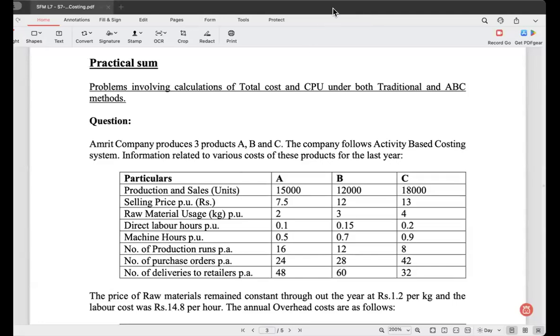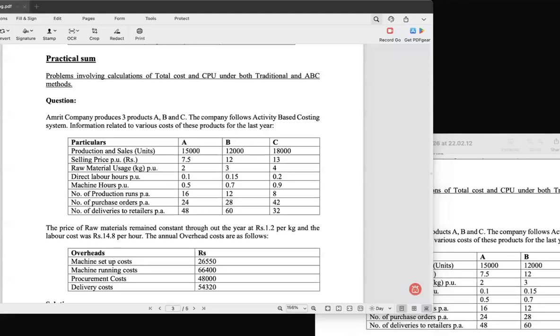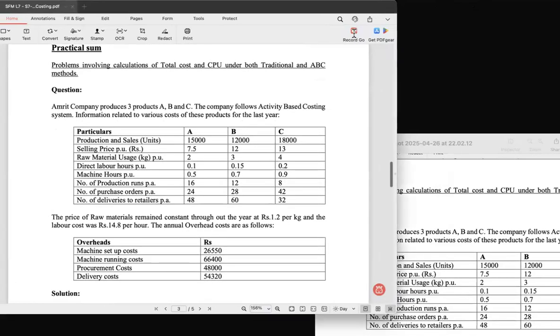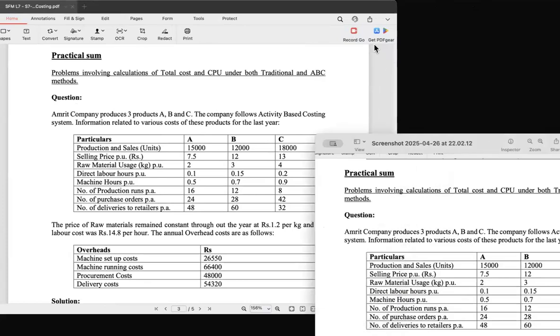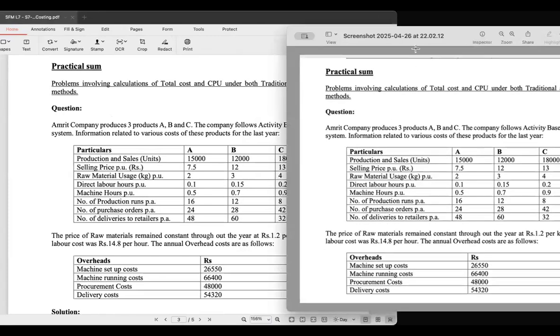I hope it will be clear. And again, this calculation is not actually tested in your assessment or in your assignment, but you need to understand how this calculation differs in both the systems. That's the reason I want to do the calculations.